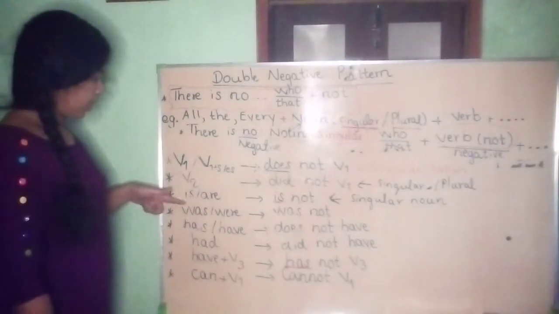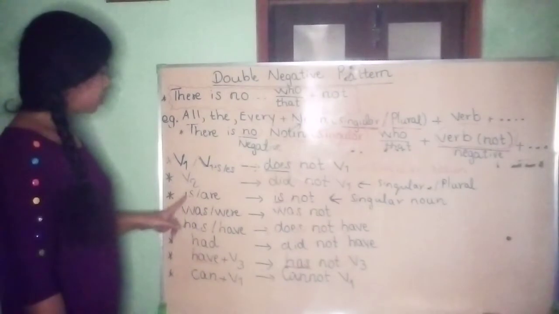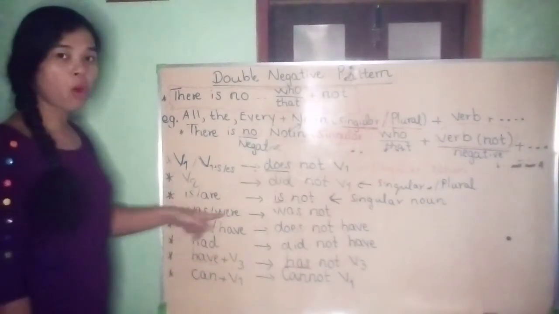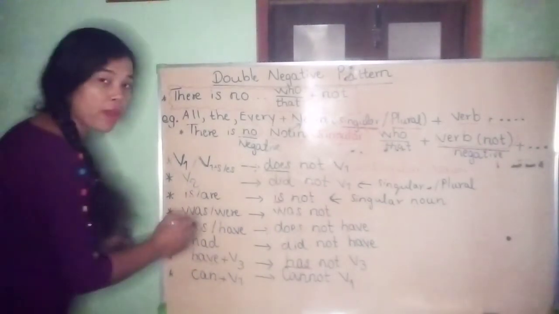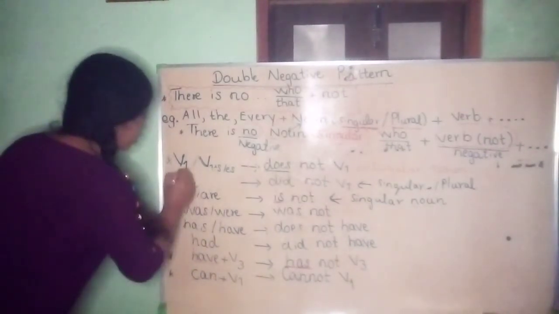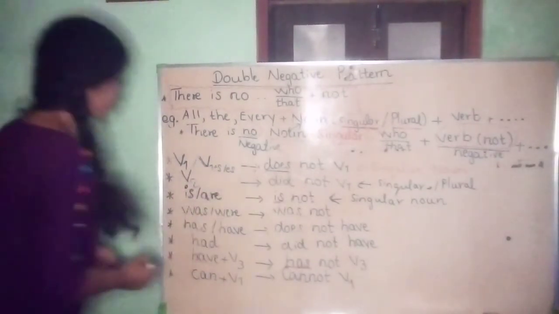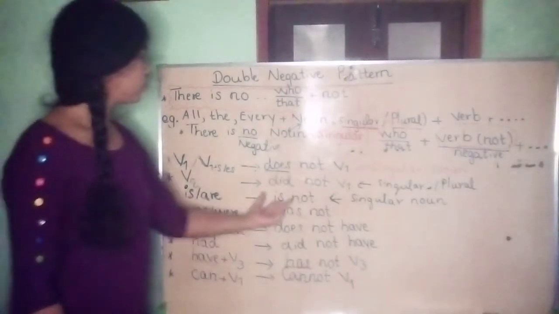And then you see is or are. This is the present tense form of verb to be. You need to change that into is not.